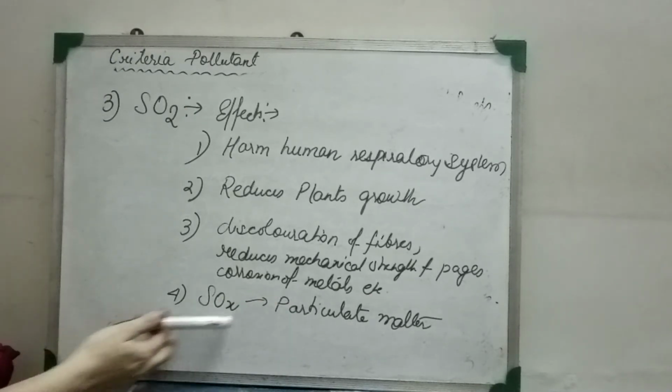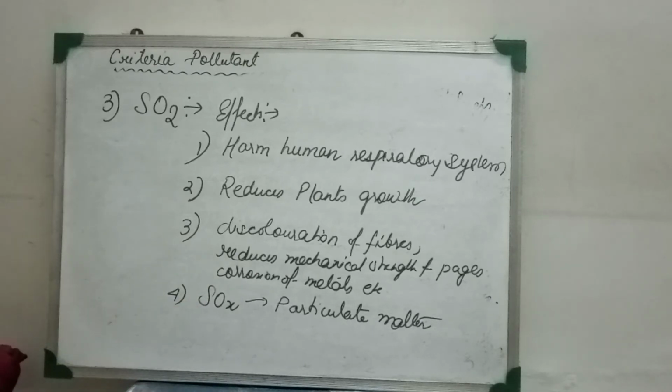It is also responsible for reducing visibility on the road, which has increased accidental deaths. Some other effects include that it can penetrate the skin and cause heavy metal toxicity to human beings and to the bodies of animals. So these are certain effects of SOx particulate matter.